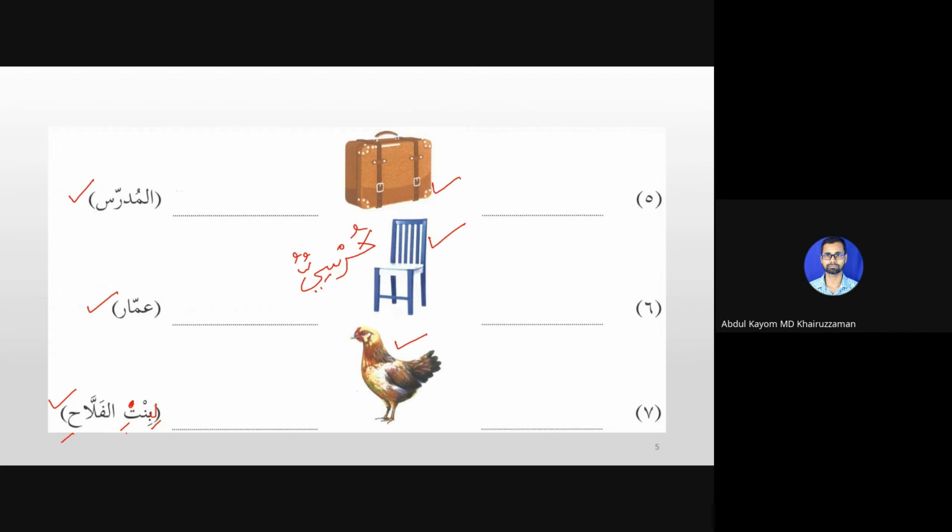It will make the last character of the word have this kasra, right? So li bintil fallah. هذه الدجاجة لبنت الفلاح. So this hen belongs to the daughter of the farmer, right? لبنت الفلاح.